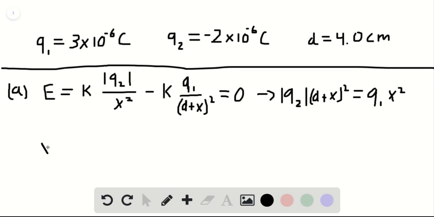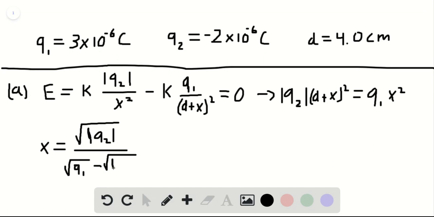Therefore, x is equal to the square root of the magnitude of Q2 divided by the square root of Q1 minus the square root, again, magnitude of Q2, times the distance D. So this comes out to equal 18 centimeters.